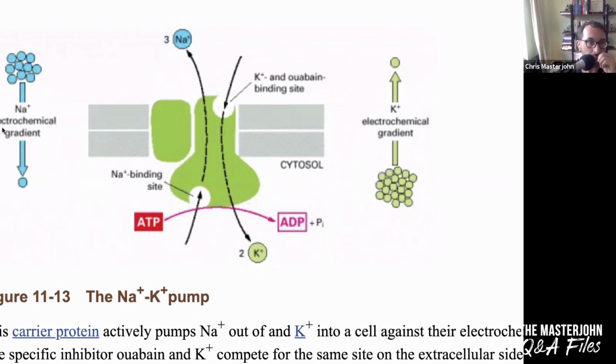The reason they call it an electrochemical gradient here is because sodium is also positively charged. And so you not only have a concentration of a chemical, sodium, right here, but you also have a concentration of positive charge right here.